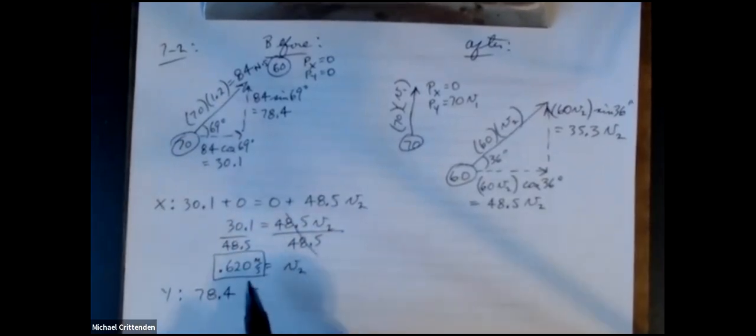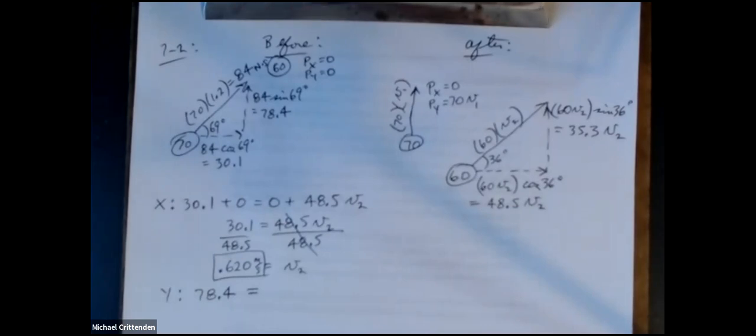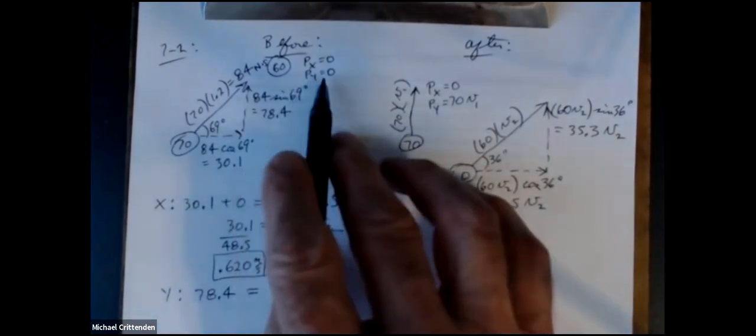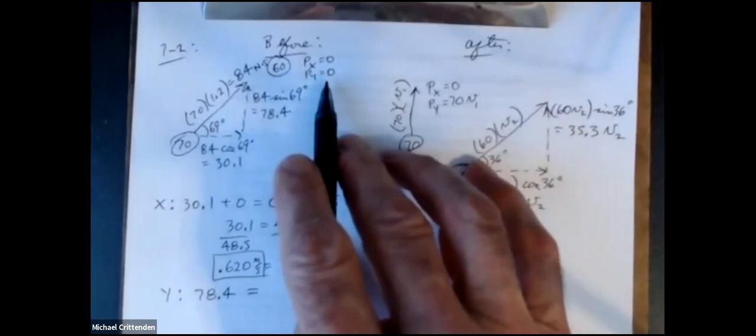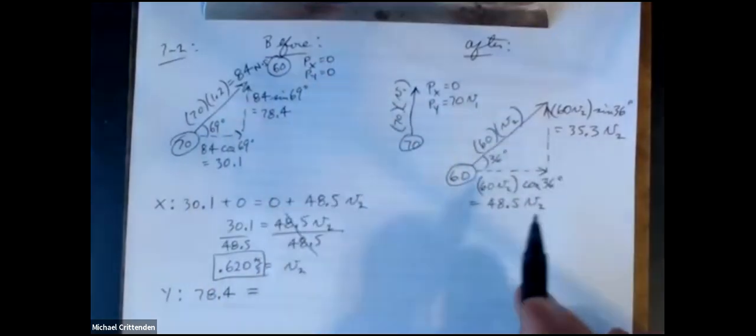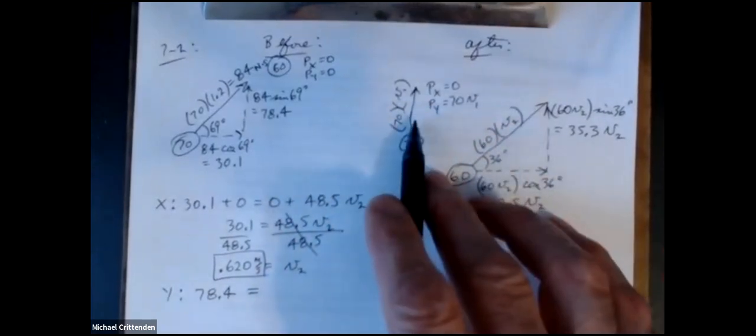I think by this point you get the idea that it's supposed to be the total of both astronauts before and the total of both astronauts afterward. And the reason I'm not writing down anything for this one is that it doesn't have any momentum. Both of these have vertical arrows.